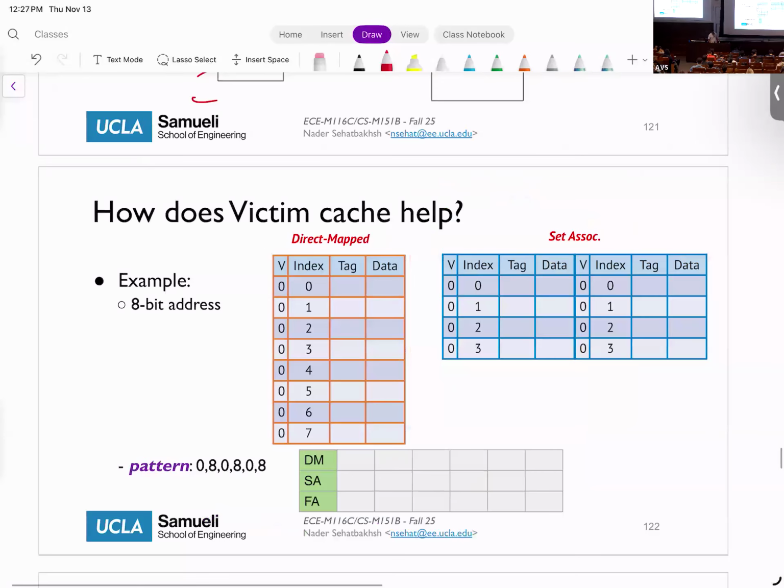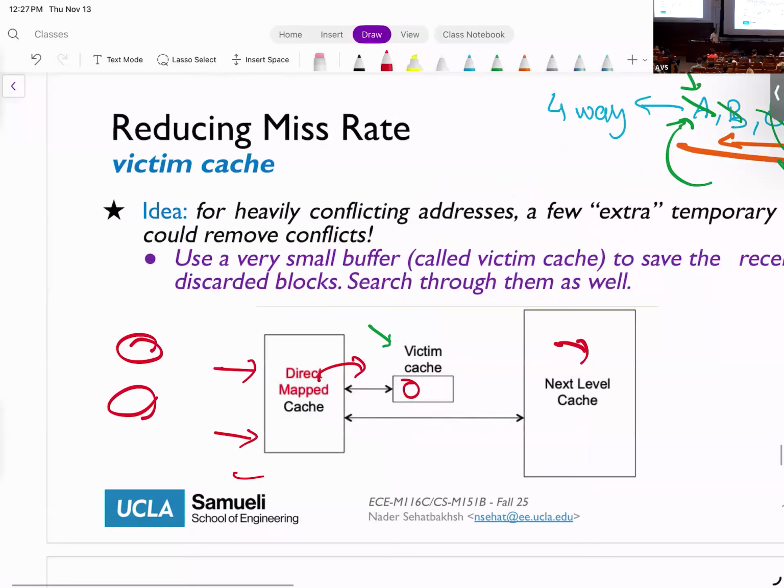Yeah, and another very useful thing about victim cache is it makes your direct map cache behave like a set associative cache, right? So you can have just 1 way per set, which is a direct map, and since I have a victim cache, I can absorb some of the conflicts.